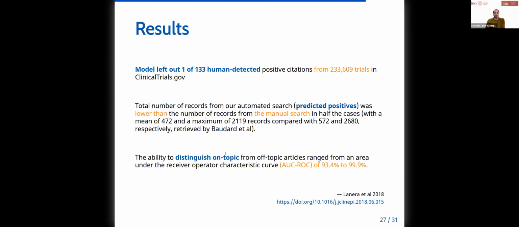And even the ability of our algorithm to distinguish on-topic and off-topic articles, or records, not articles, is high. They are more than 90% of area under the ROC curve.